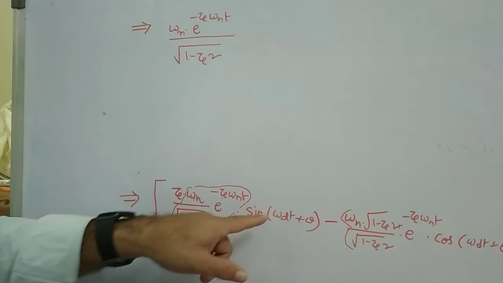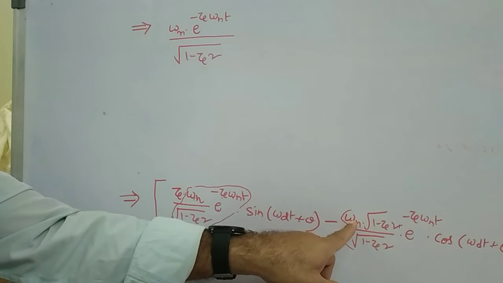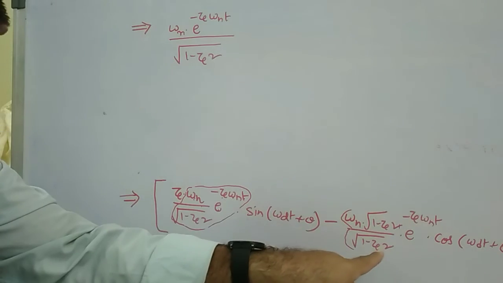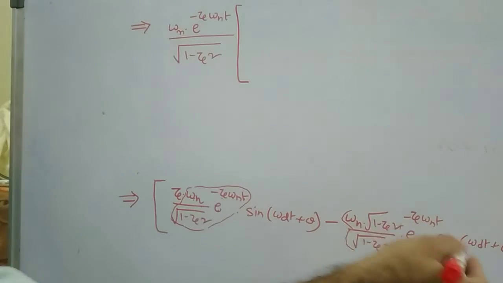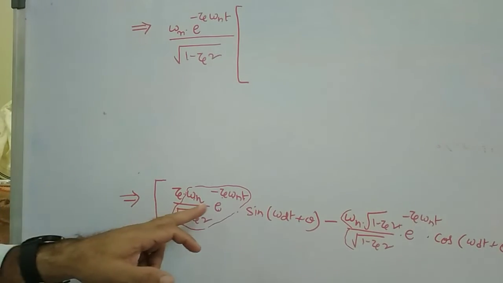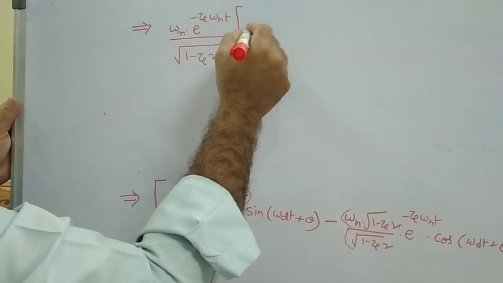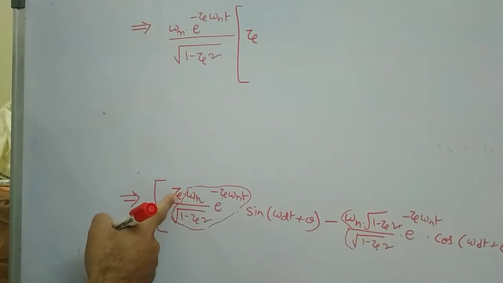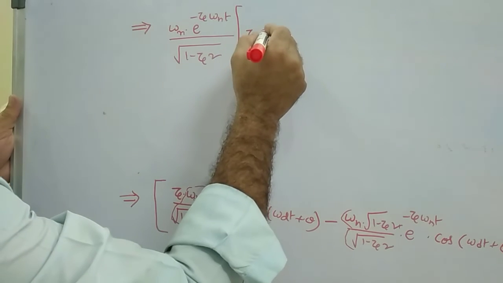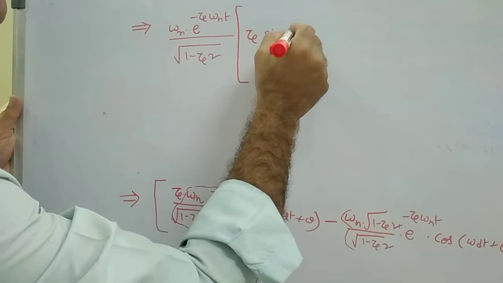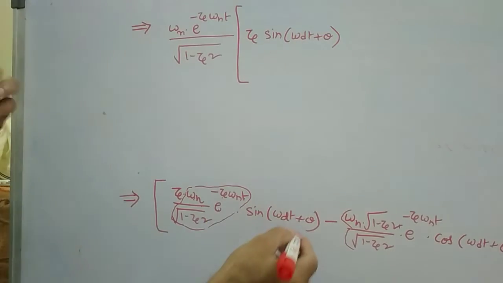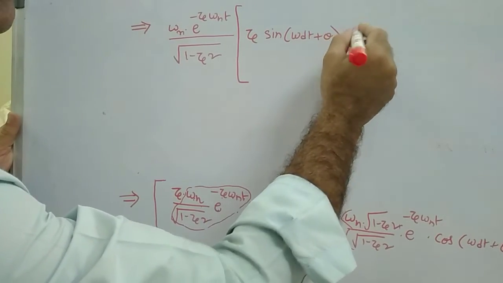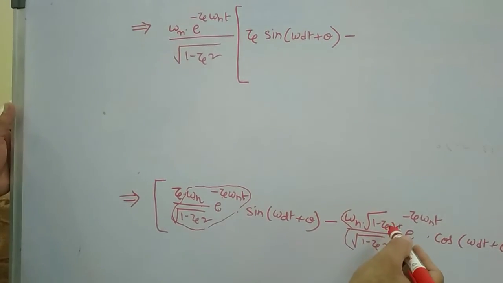It is there in this term as well as here also, omega n into e power minus zeta omega n t, 1 by square root of 1 minus zeta square. Take that as common in both the terms. Then what will you have here? Zeta will remain zeta, no? Zeta into sine of omega dt plus theta, clear, minus, then what is there actually?